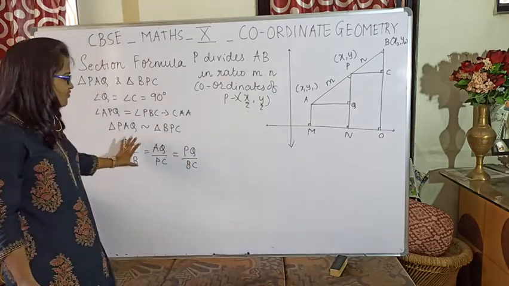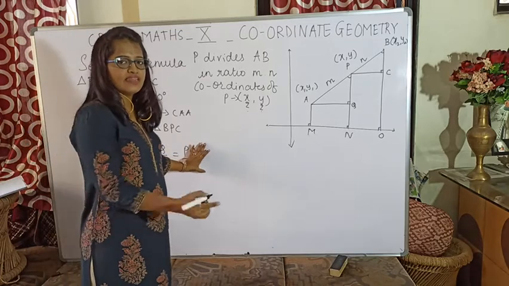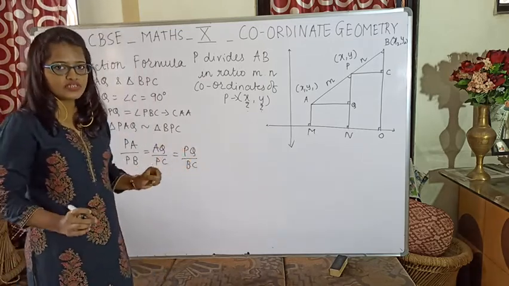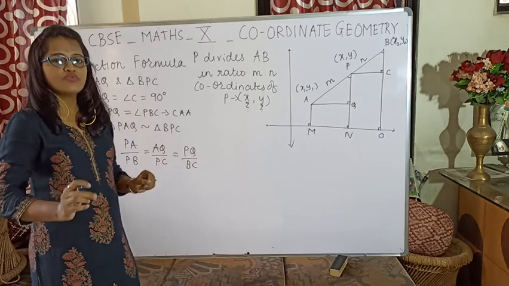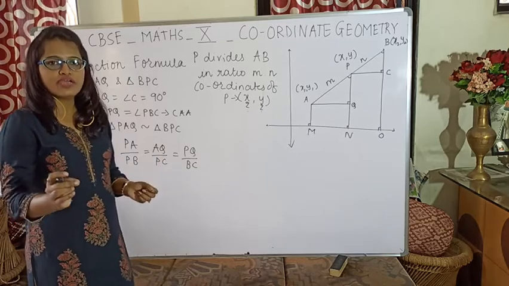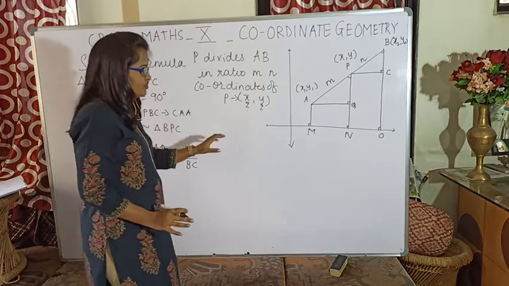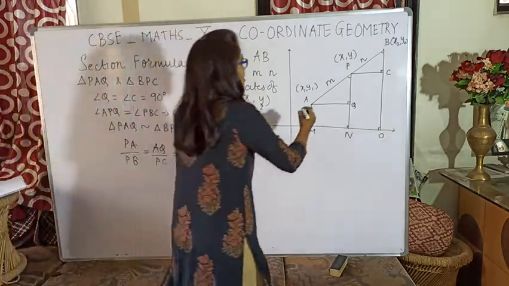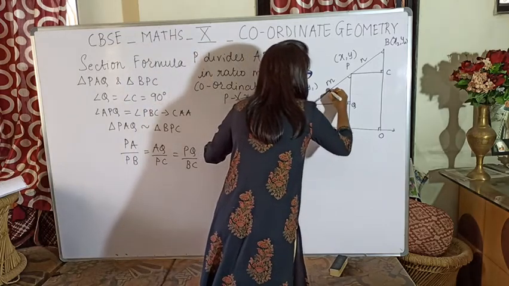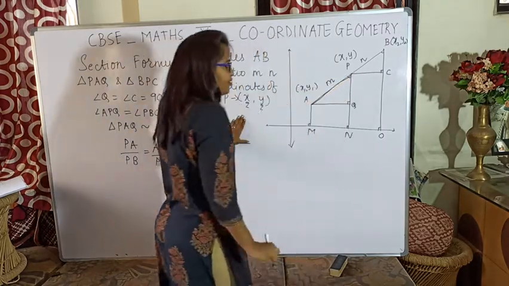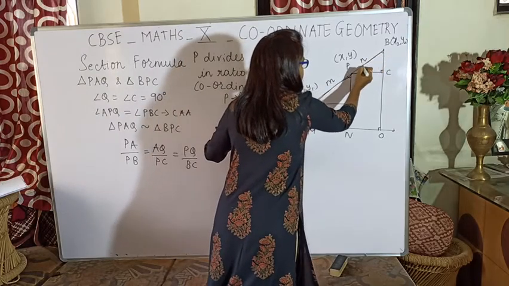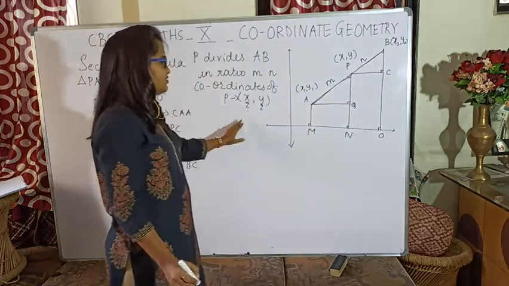Because then we will find the values of these lengths and replace them, and hence we can find an equation in which x, x1, y1, x2, y2 and m and n are present. Let us find the lengths. What is PA? PA is nothing but this length, whose value is m. What is PB? PB is this length, whose value is n.